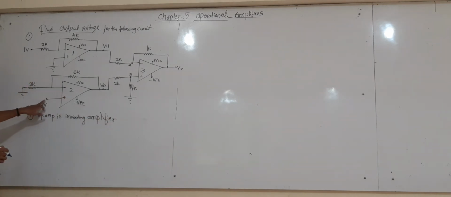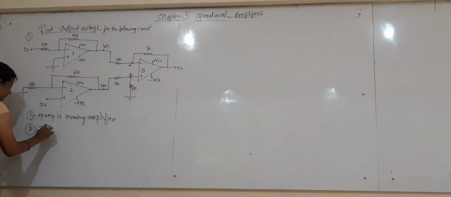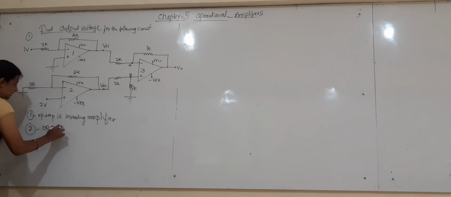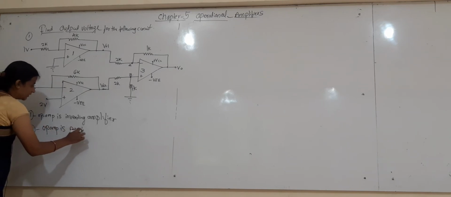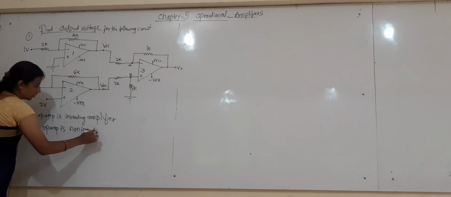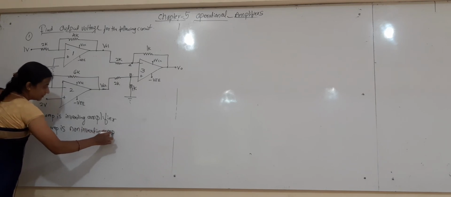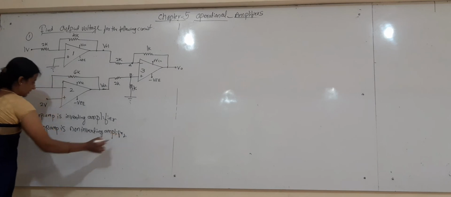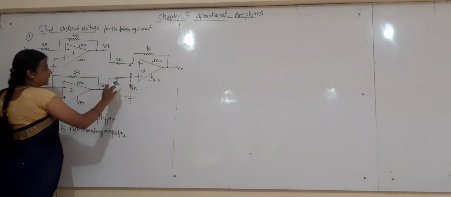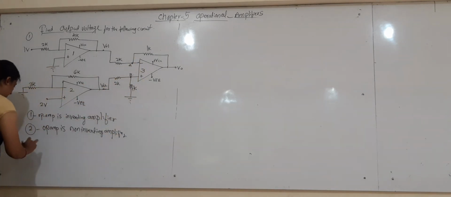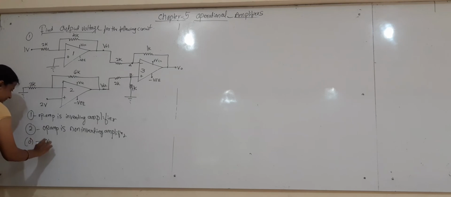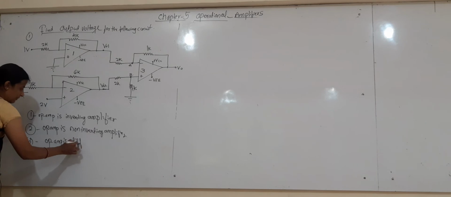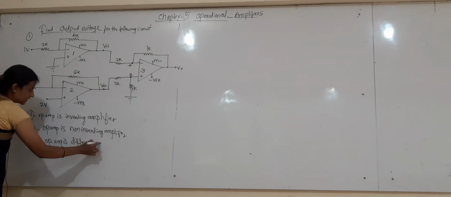The second one is non-inverting, since the input voltage is given to the non-inverting terminal. Therefore the second op amp is a non-inverting amplifier. And the last, the third op amp, is a difference amplifier.